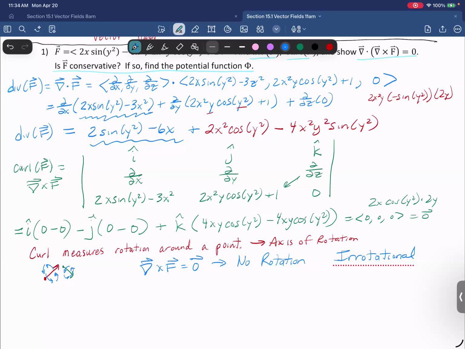Because the curl of f equals 0, this also tells us that f is a conservative vector field and that it is the gradient of some potential function. So it means that last question has some work to it that we're going to have to do.